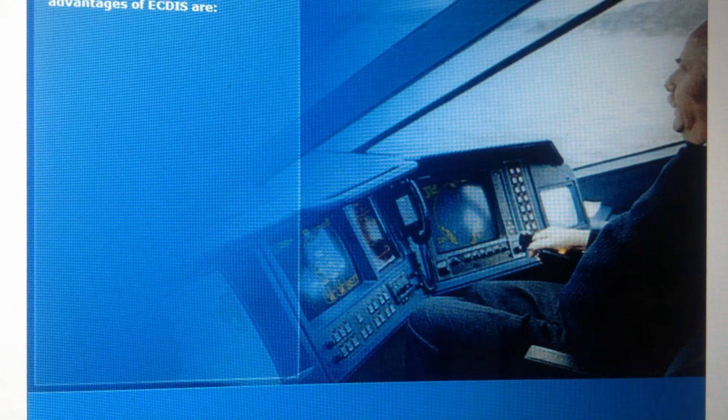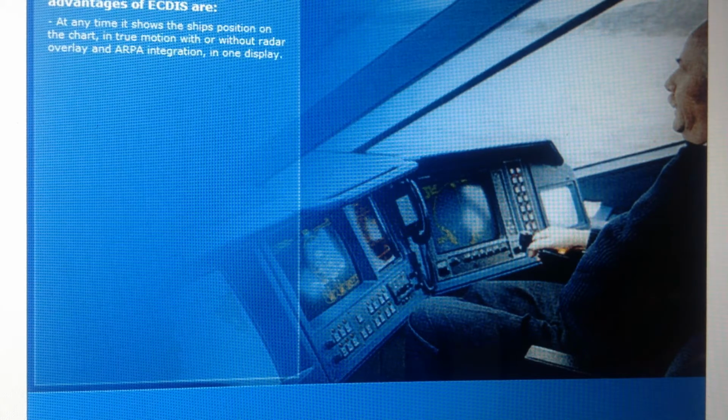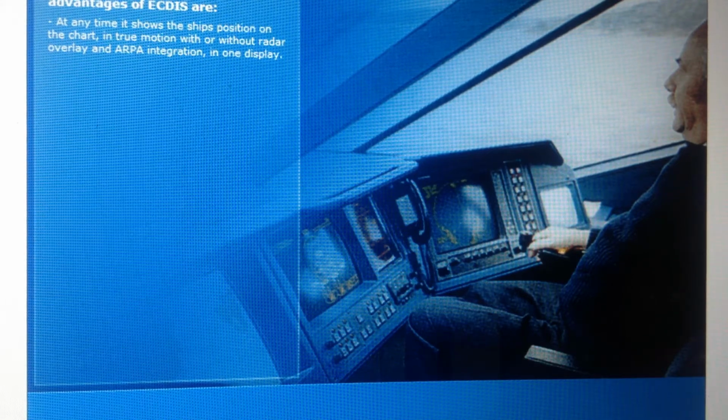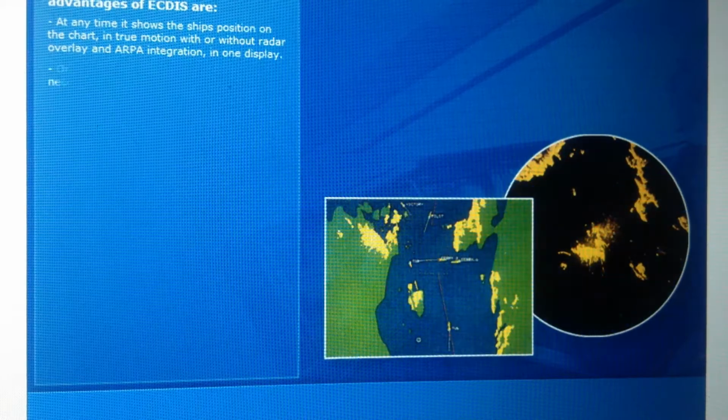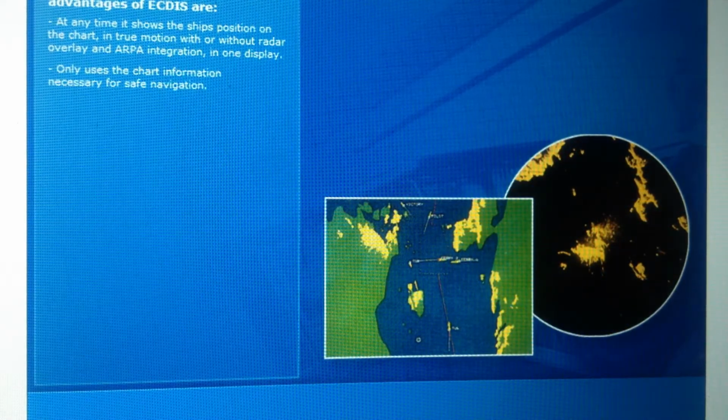Some of the most obvious advantages of ECDIS are: at any time it shows the ship's position on the chart in true motion with or without radar overlay and ARPA integration in one display. Only uses the chart information necessary for safe navigation.